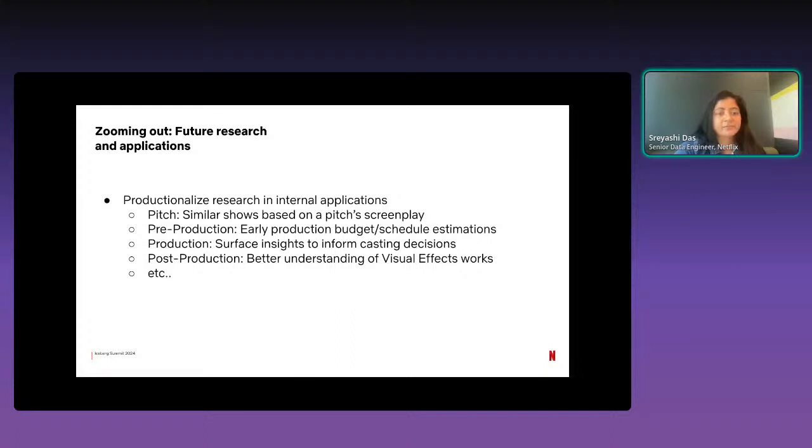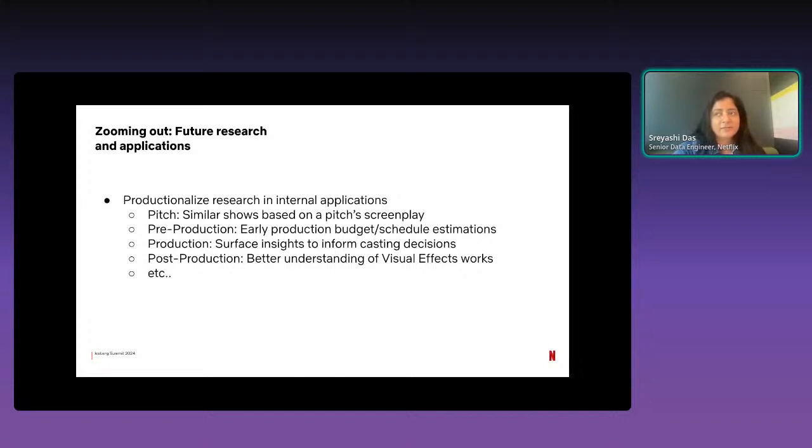During the pitch, if there are different similar shows, then by looking at the script embeddings you can predict which pitches are really similar to this one. In pre-production, if you have a new script coming up, you can predict if it has a similar budget to a historical title, or what the schedule estimations would be during the production phase.